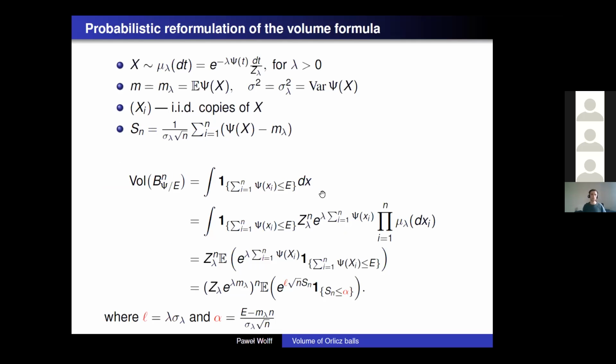The things that you will see here are not very original. They all go back to classics of probability, to Cramér, Esseen, and others, so there is nothing really new.